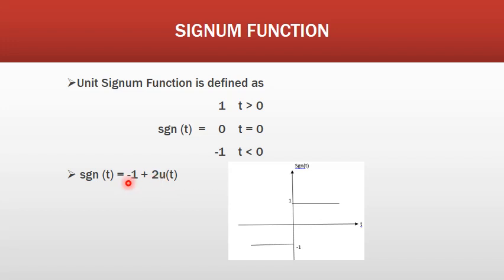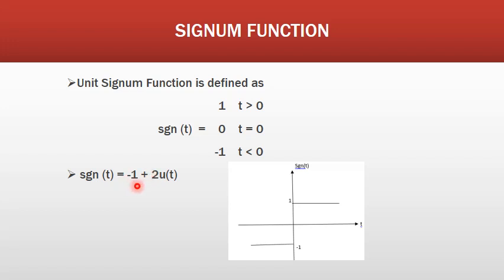And minus 1 is a signal which has amplitude minus 1 from minus infinity to plus infinity. So now we have two signals. One is from minus infinity to plus infinity, the amplitude is minus 1, and another signal has amplitude 2 when t is greater than 0 and 0 when t is less than 0.